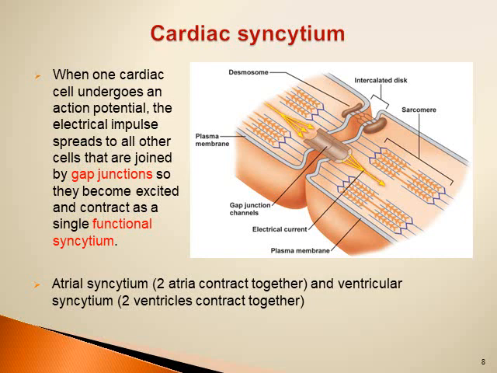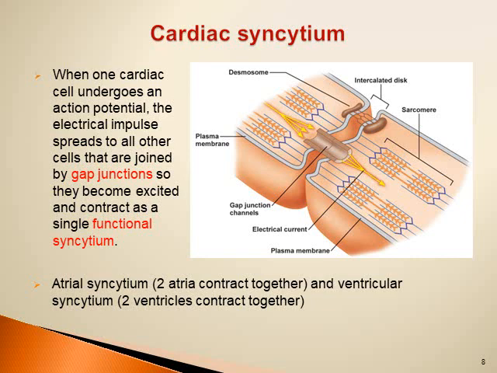So when one cardiac muscle cell undergoes an action potential, or there is a change in the membrane potential of that muscle cell, the electrical impulse spreads to all other cells that are joined by gap junctions with this cell, so they become excited and contract as one single unit. We call it the functional syncytium.